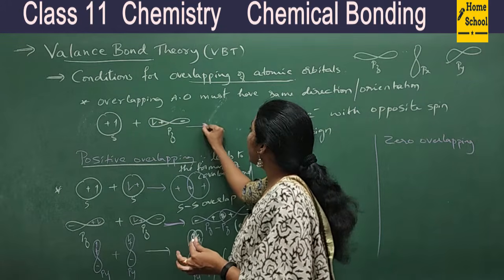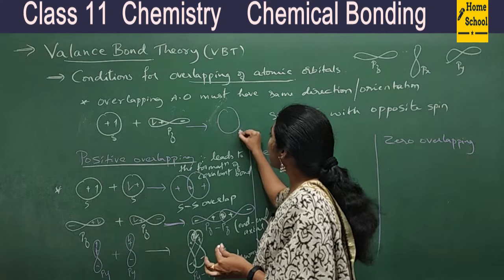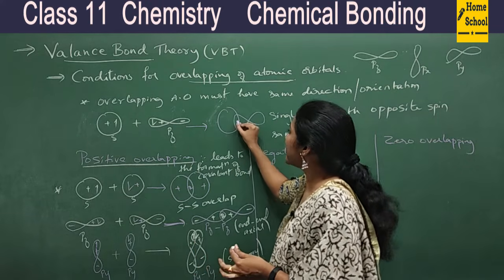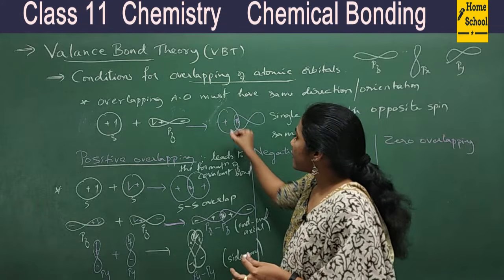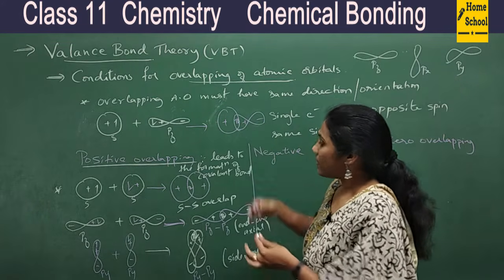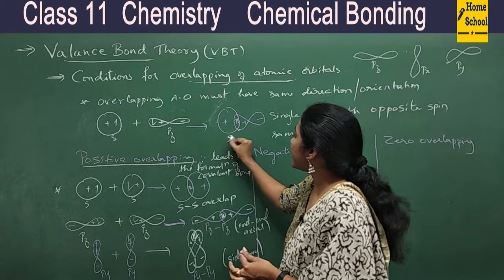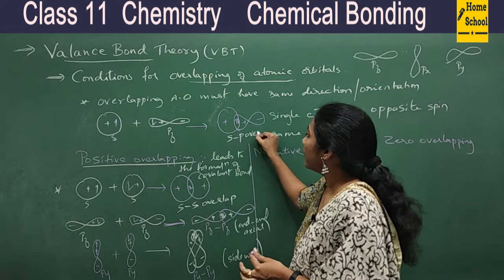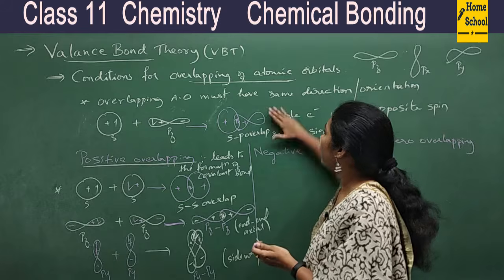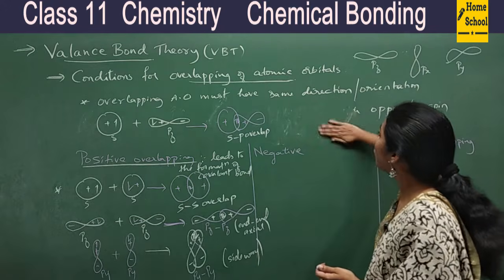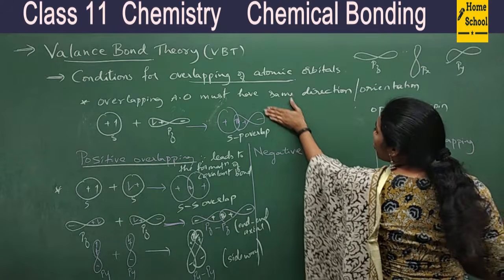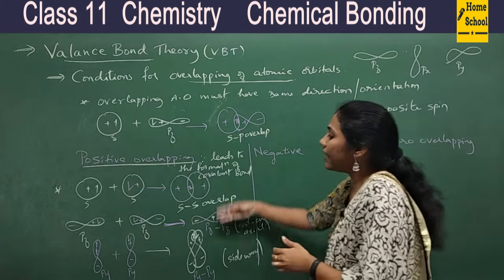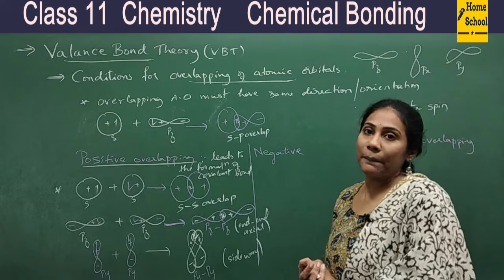How do you show this overlap? This is a shared area where shared electrons are there, and this is positive, minus. So we will call it sp overlap. This is also a positive overlapping. So all these are different positive overlappings.